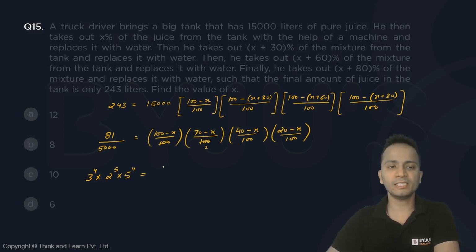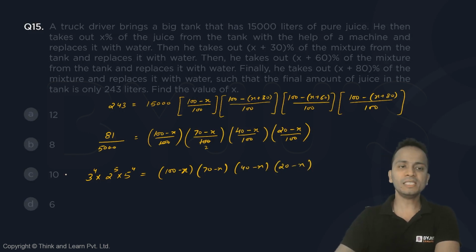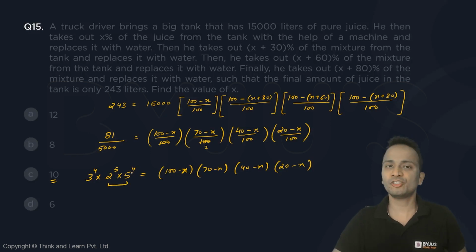And that can be written as 100 minus x into 70 minus x into 40 minus x into 20 minus x. Now the easiest option that I can see is 10. Also the reason of considering 10 is, on the left hand side, I have 2 raised to the power 5 and 5 raised to the power 4.